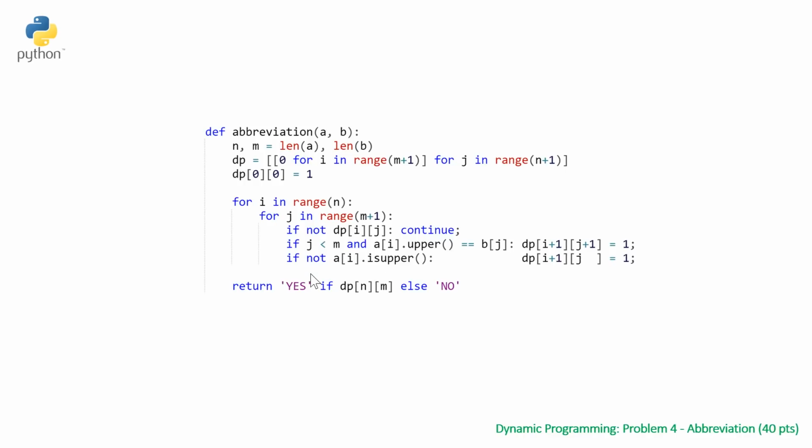And as long as it's not an uppercase letter, we can remove it. So I +1, j equal to 1. And then we have our same return yes if the element at nm in dp is set to 1. Otherwise, return no.